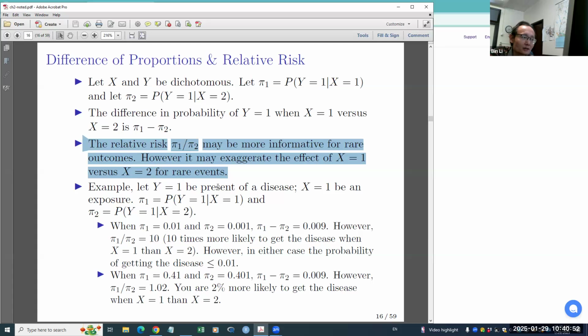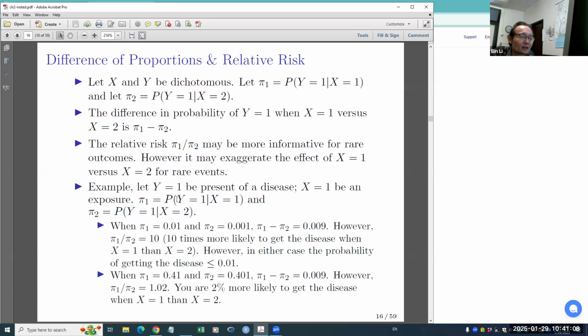So Y equals 1 means presence of a certain disease. X equals 1 is an exposure. So the pi1 is this one, and the pi2 is this.